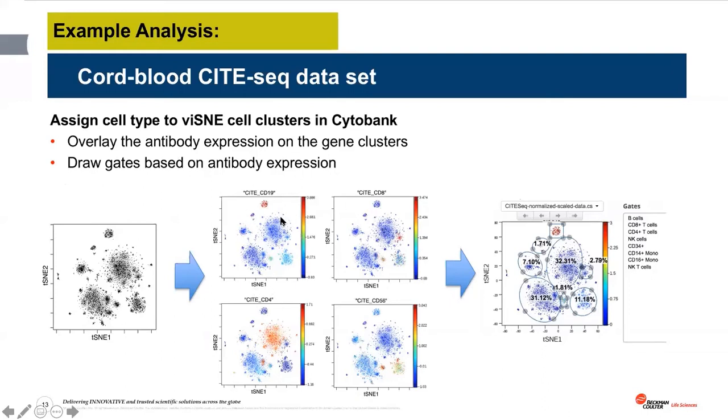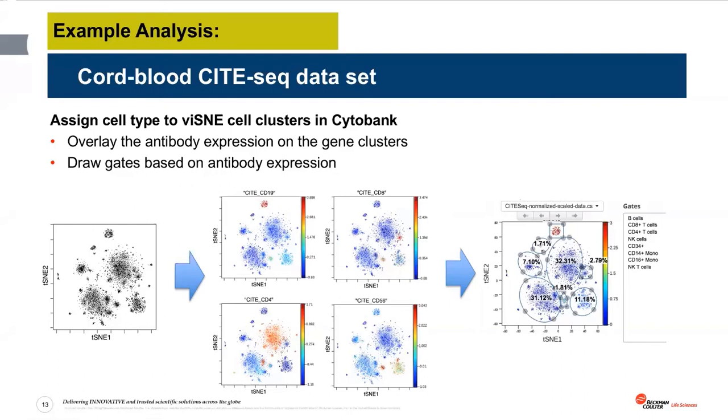So for example, here, if you look at the 4 plots in the middle, we overlay 4 different antibody expressions on this Whitney map. If you look at the CD19 map, you will see here we got one island which really has very high CD19 expression.